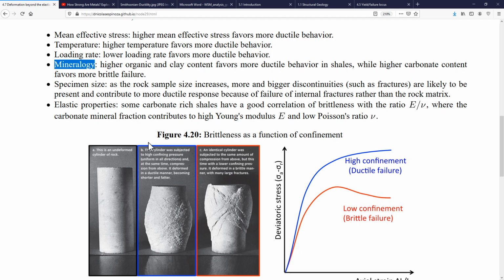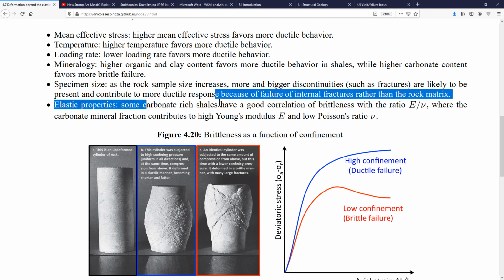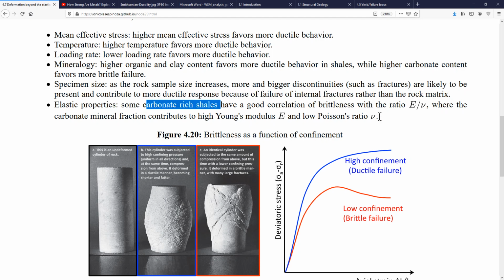The higher the organic content and the clay content, the more ductile a shale is going to be. There are some shales which are brittle, and it happens in some of those that the higher the carbonate content, the more brittle the rock is going to be.